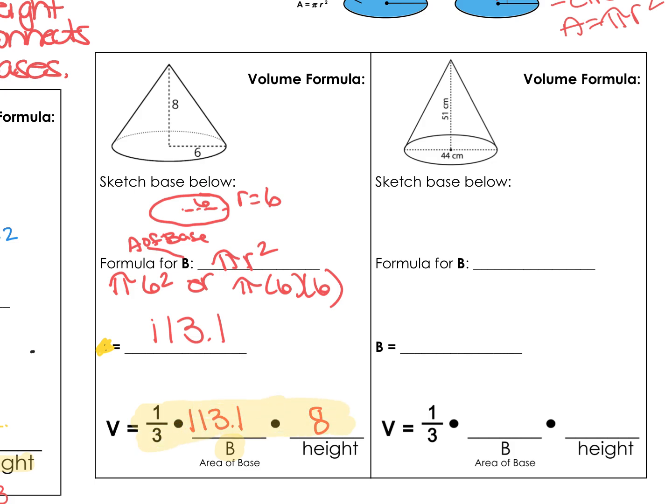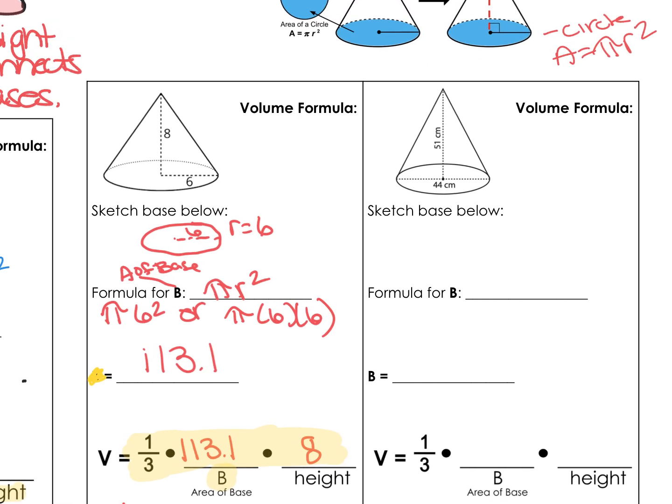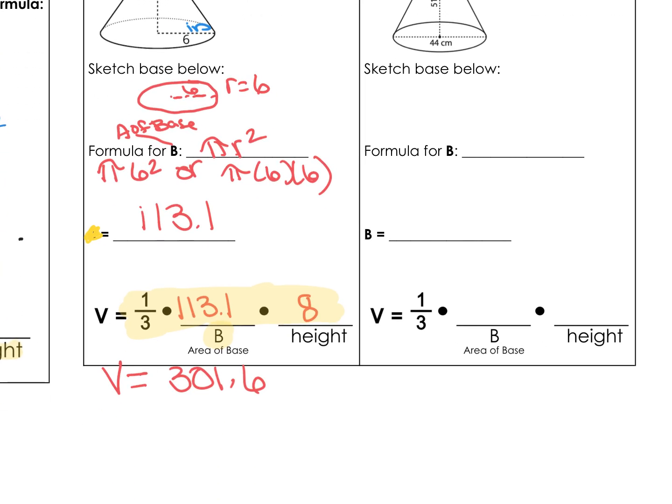So I'm going to do 1/3 times 113.1 times 8. And when I plug this in, I receive that the volume is, I get 301.6. And I want to add a label to it. Oh, well, we'll just call this one inches. Sorry about that. Okay, inches. And because we're dealing with volume, 3-dimensional, it will be cubed.